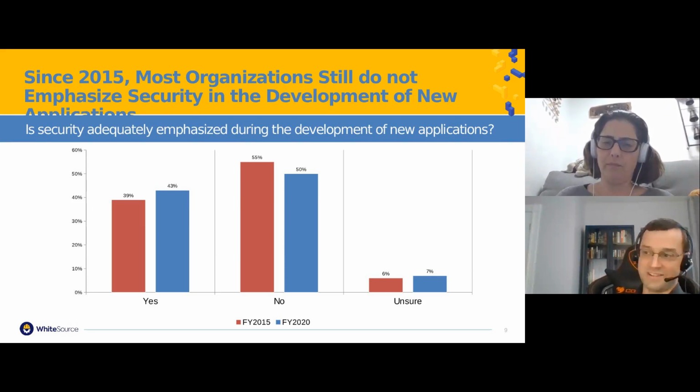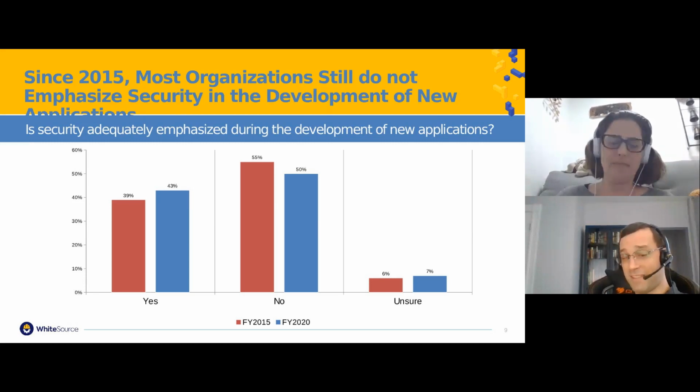And in the past, there was more, okay, we know what we got to do. We're fine. So I think that's why the answers for yes went up, but no was still, and unsure was still pretty steady. Despite all the gains we've made, all that we've really accomplished is understanding how far we have to go.